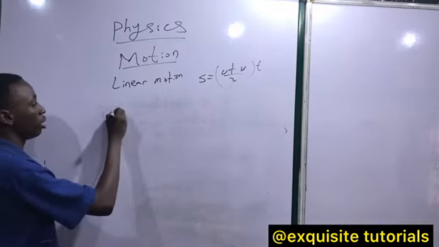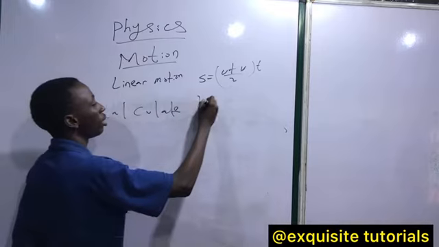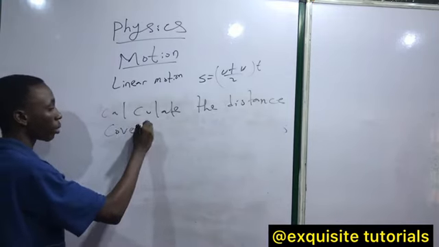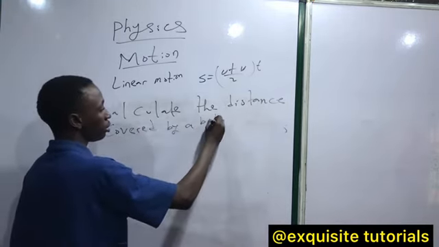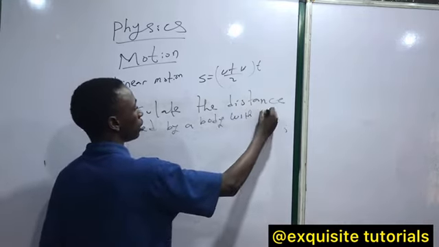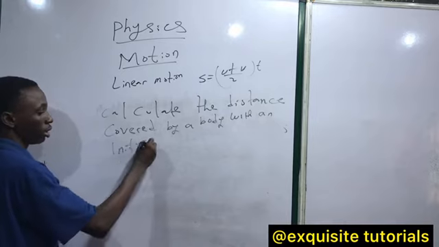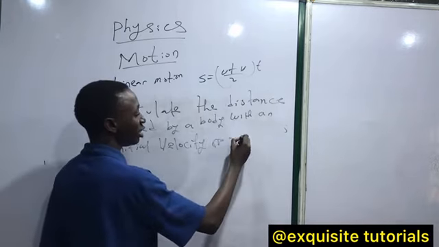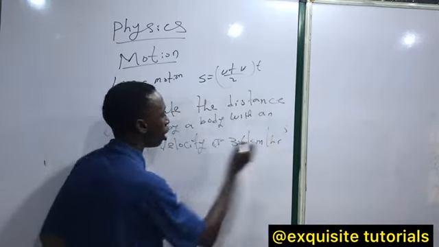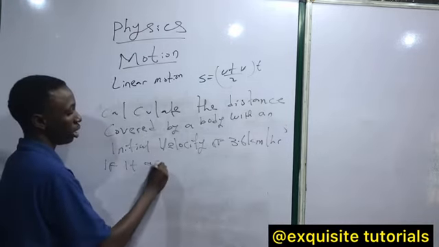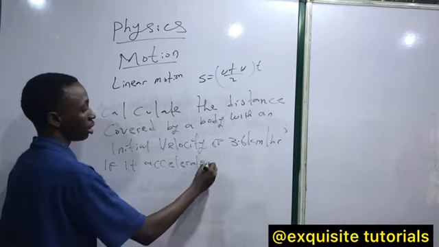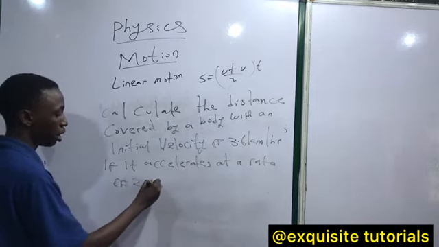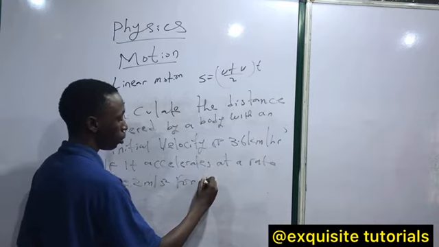Calculate the distance covered by a body with an initial velocity of 33.6 km/h if it accelerates at a rate of 2 meters per second square for 4 seconds.